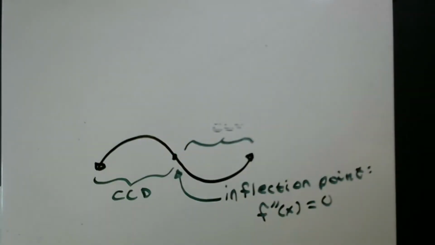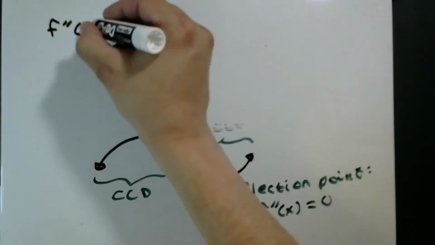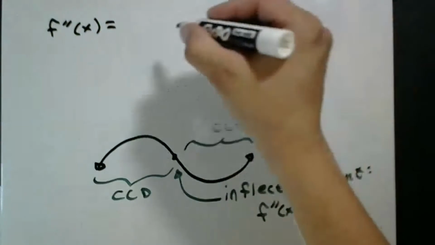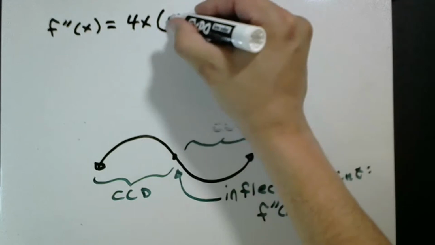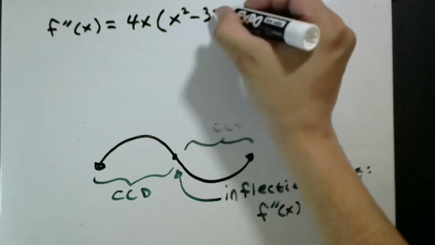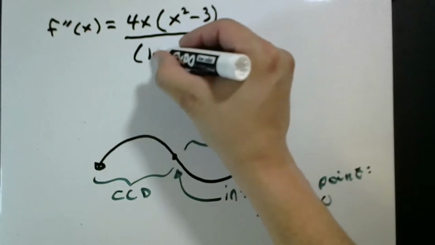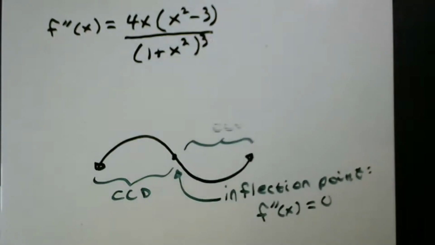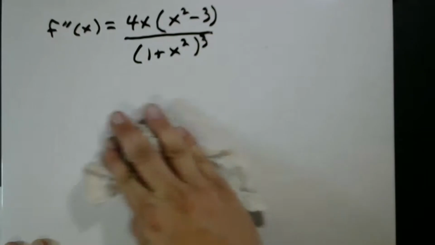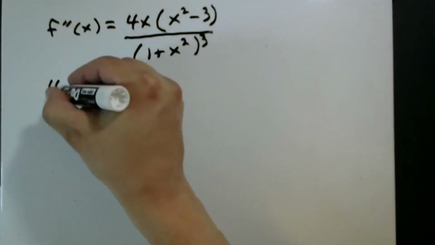So our second derivative is 4x times (x squared minus 3) over (1 plus x squared) cubed. So we're going to set this equal to 0.